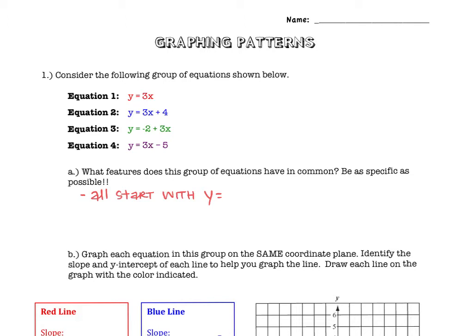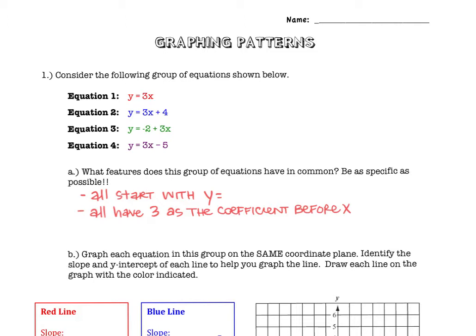All right, I also notice that they all have 3 as the coefficient before x. Which we talked the other day about how the coefficient before x is what the slope is. So we could also say that they all have a slope of 3. And those are kind of the only things I notice about it.